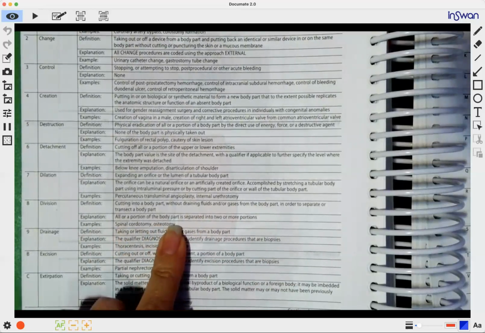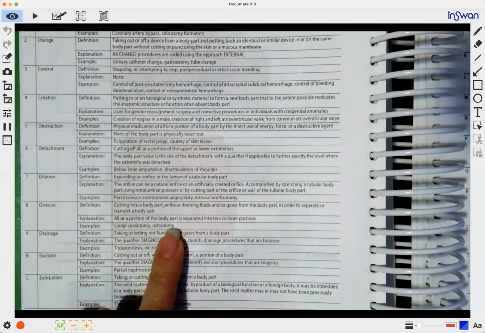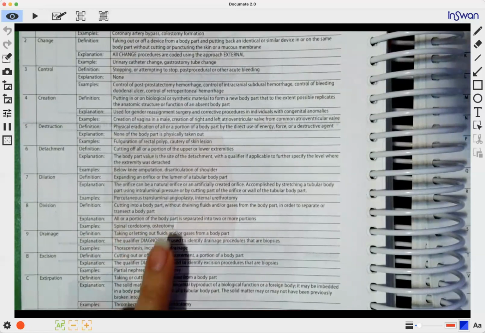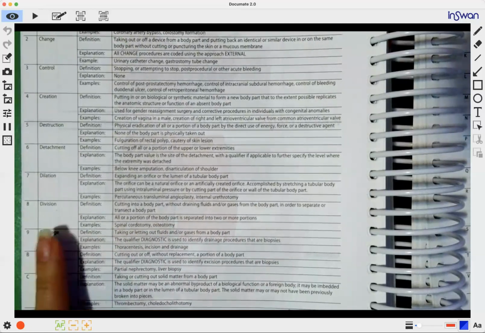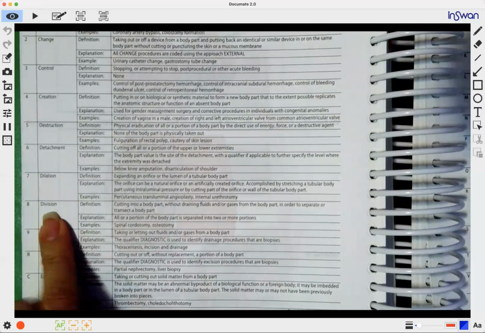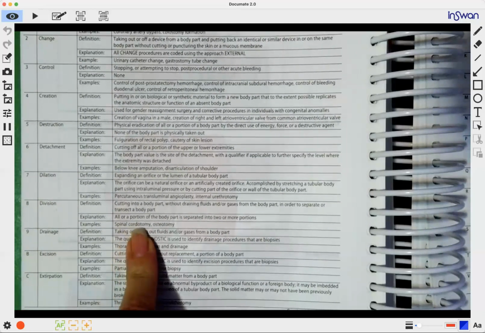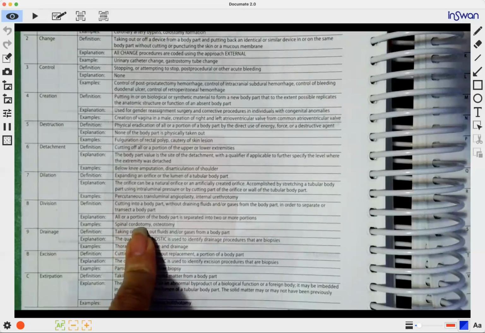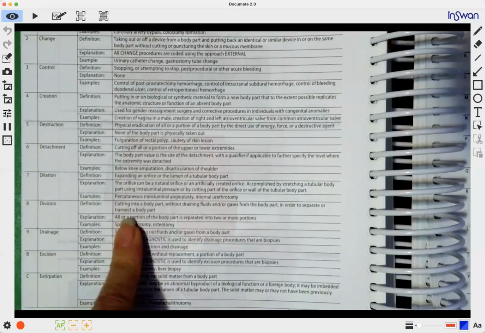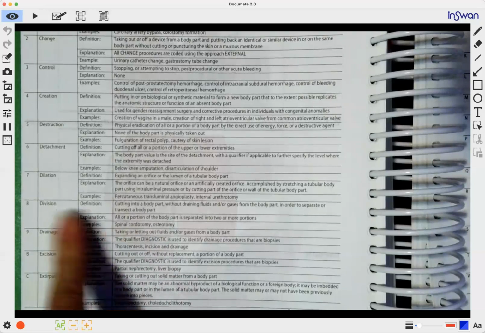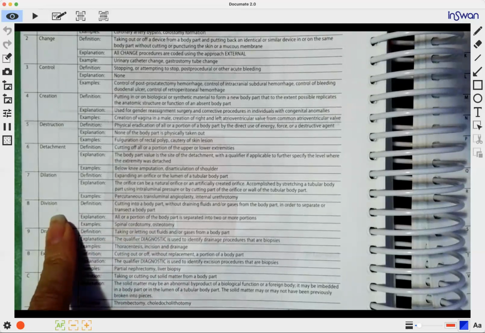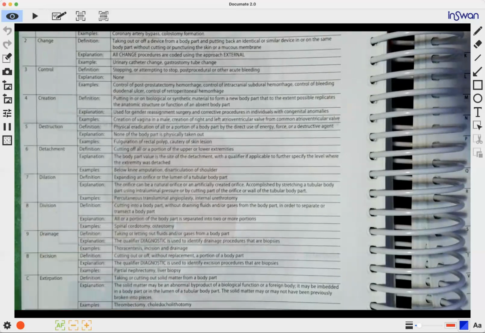Now, this is one thing that I want to point out here: this is where your medical terminology is going to come in handy, because the provider is not going to say, I did a division, right? They're going to say, I performed a spinal cordotomy. And then you have to figure out what that means in terms of PCS when it comes to the root operation definitions. So this is where your terminology really comes in handy.